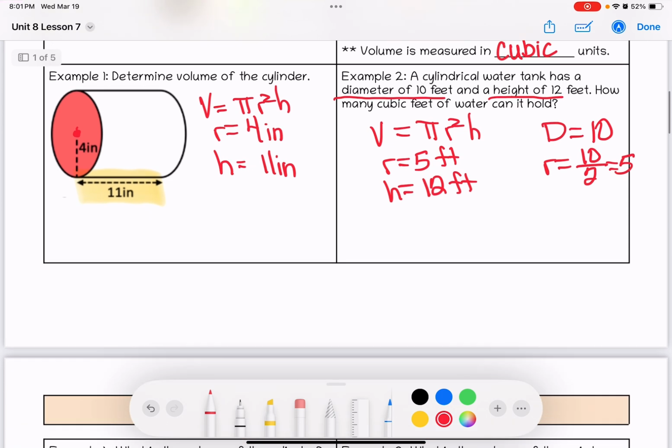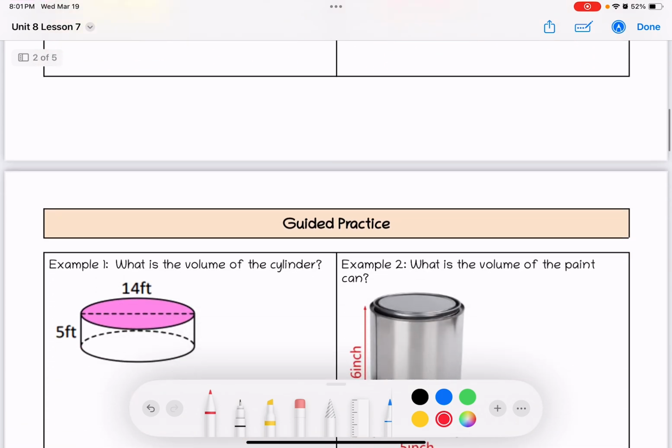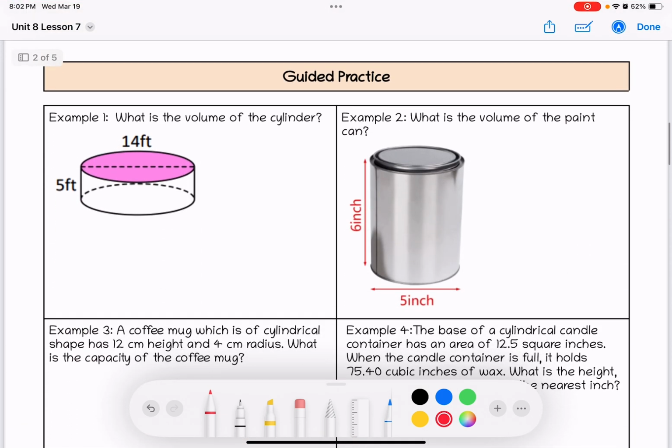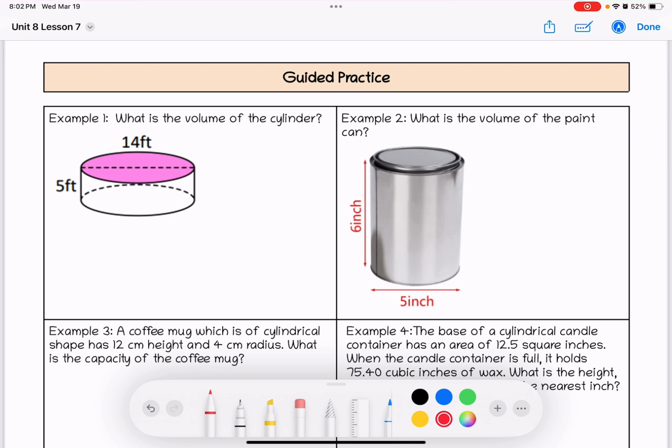And we'll practice how to put that in the calculator. Here's what I want you to hone in on. Let's look at this line right here. That says that it is 14 feet. So the question is, is that a radius or a diameter?